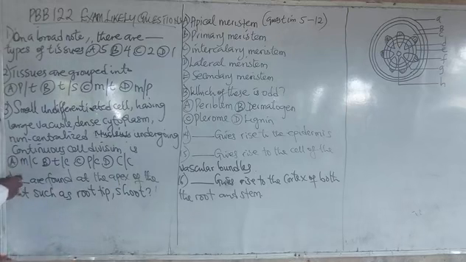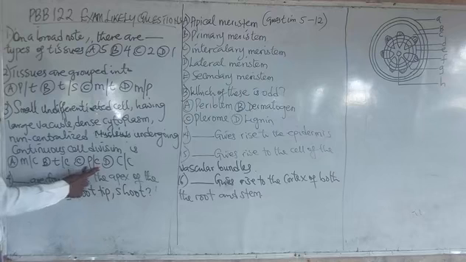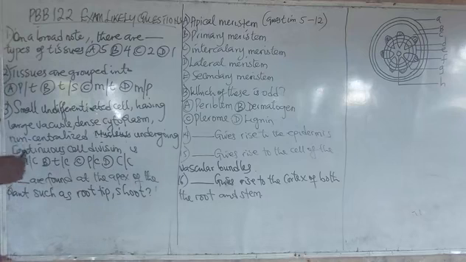Is it the meristematic cell? Is it a temporary cell? Is it a permanent cell or the central cell? Please, it is the meristematic cell. The meristematic cell undergoes continuous mitotic division.